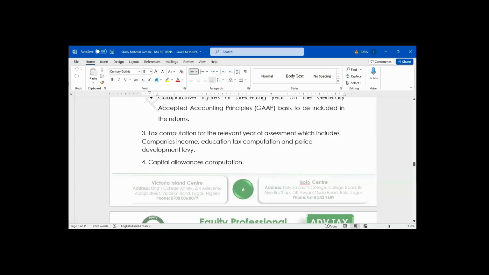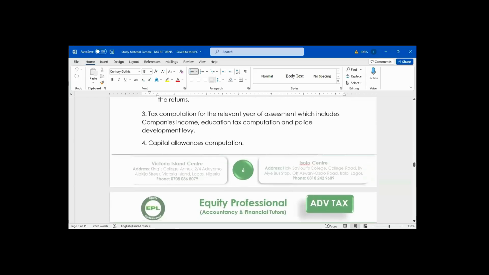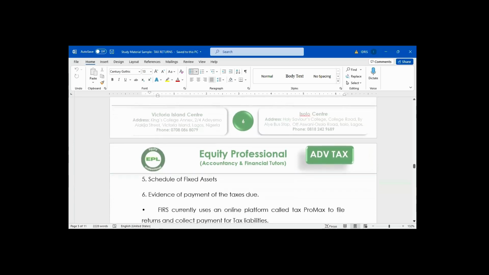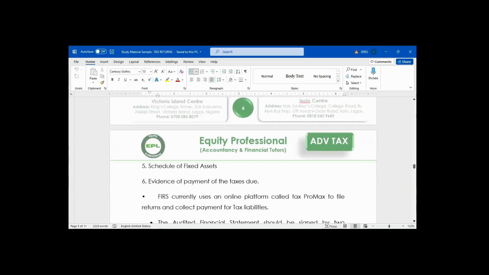Another content is capital allowance computation. Another is schedule of fixed assets.